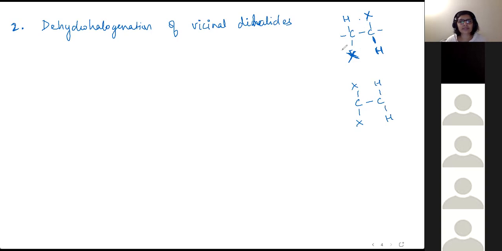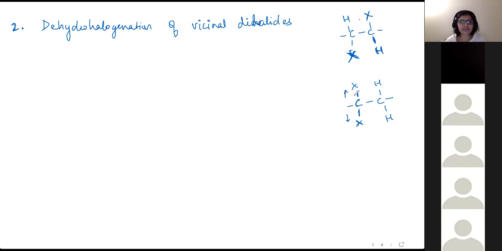So if you have halogens both on the same carbon, because of the presence of halogens, it affects the electron distribution, because halogens have a tendency to attract the electrons, right? They have that minus I effect.